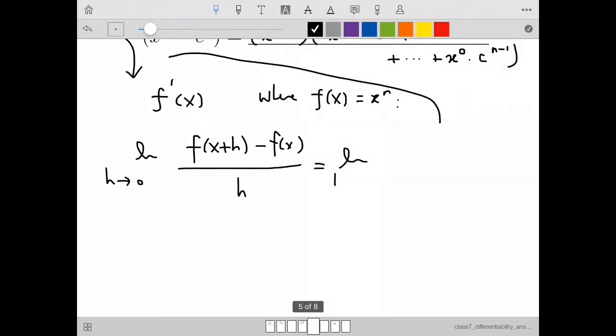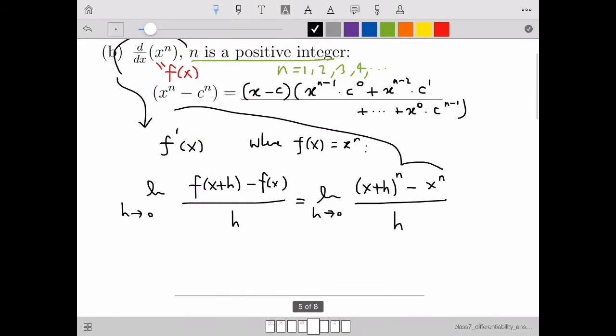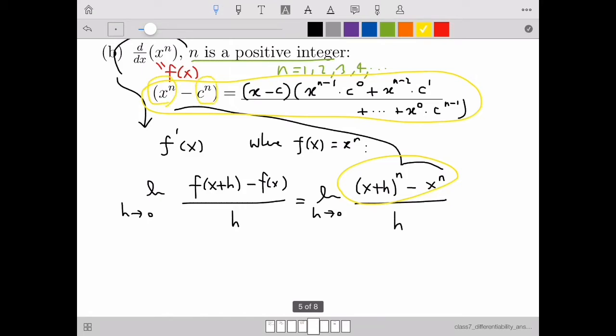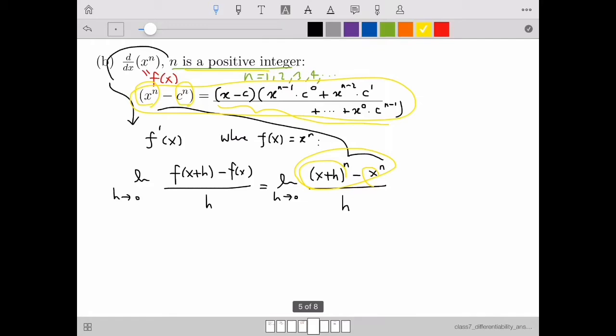If we plug in the formula for f of x plus h, it is x plus h to the n minus x to the n over h. So we'll apply this fact here. If I have something to the n minus something to the n, then it can be factored like this. This is true when n is a positive integer.